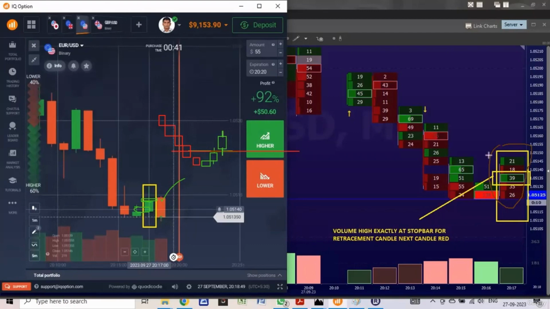So now there is no SNR level here or here. But we know the volume condition. Exactly at this area, it's the POC. POC means it's a sub SNR.